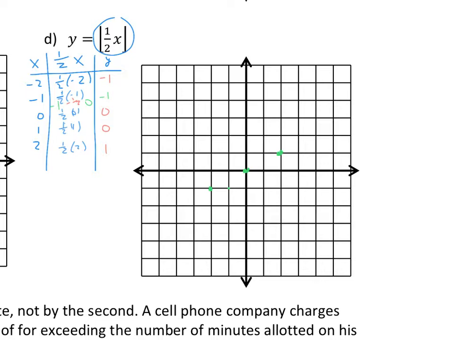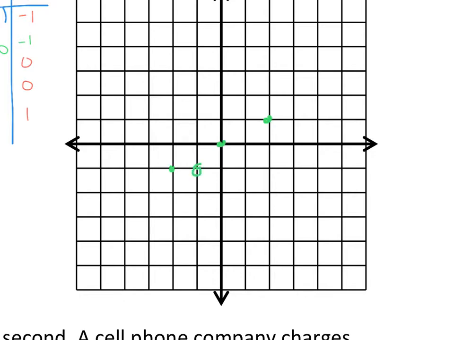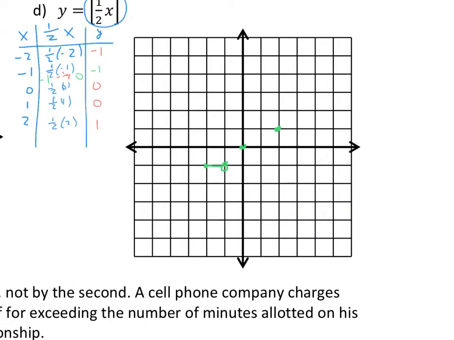So then we have 1, 0. So that looks like our pattern is we're going to start with the solid dot and end with the open dot. And that makes this a ceiling, I'm sorry, a floor function.